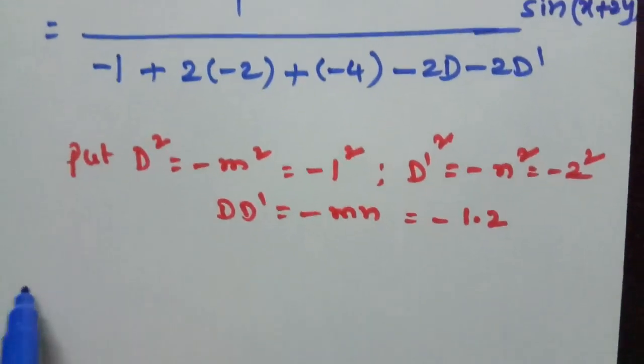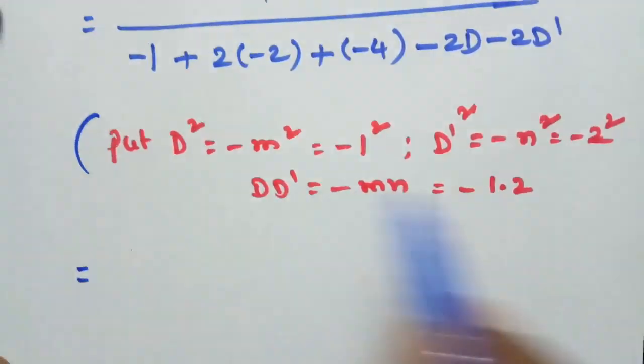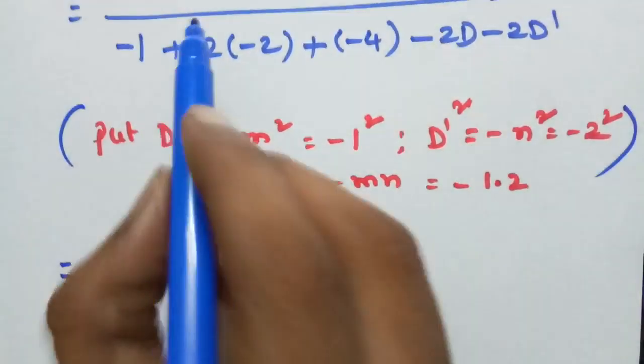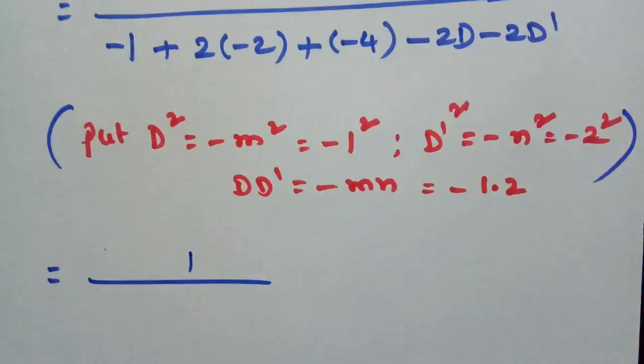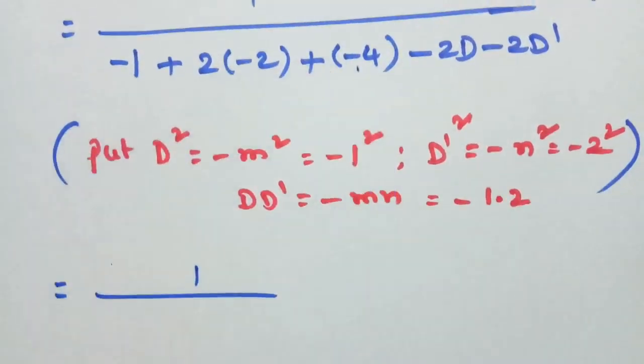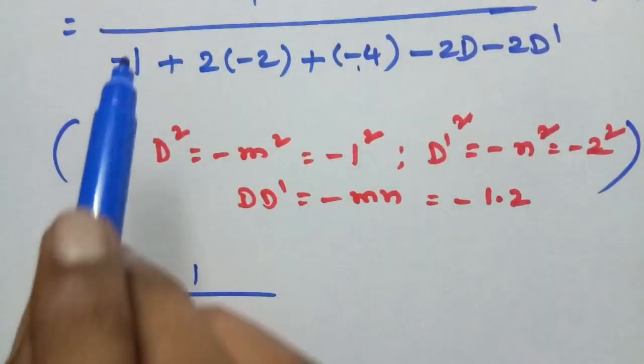Therefore, simplify. This is equal to 1 by −1 − 4 − 4, that is −9.